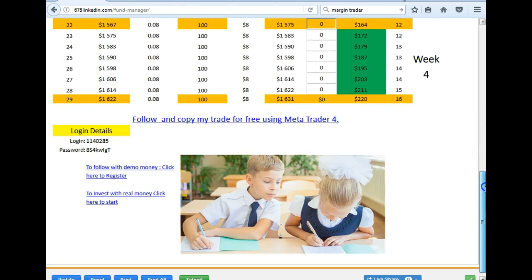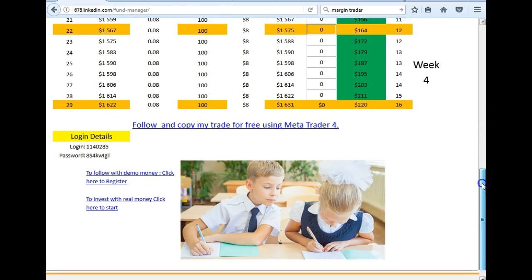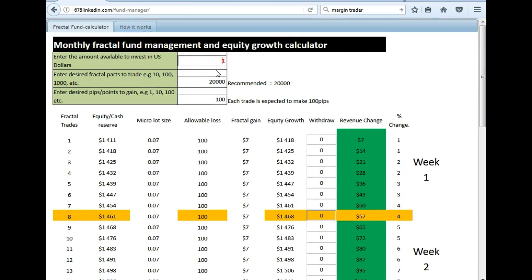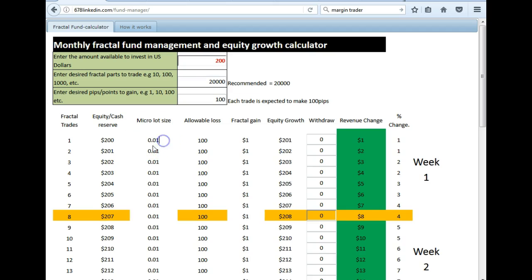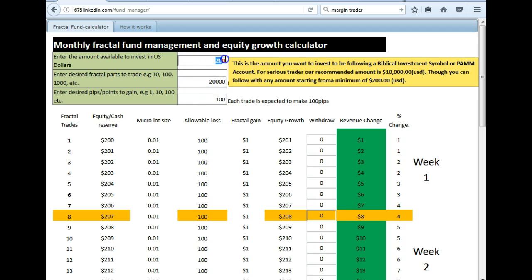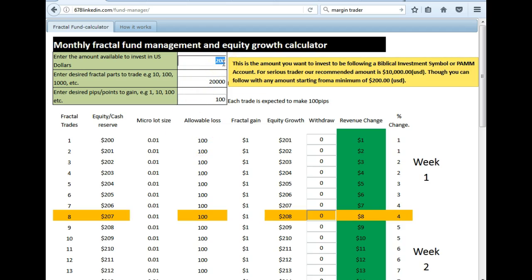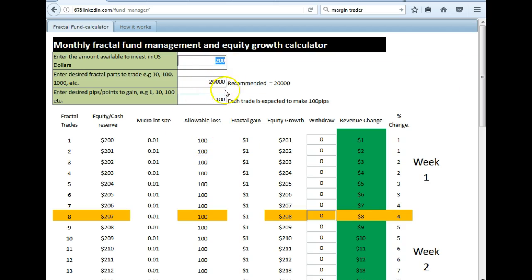If you are copying my trade with $200, for example, instead of 0.07 here, it will be 0.01. This is the least we accept for people to be copying my trade. So you will be making $1. While I am making $7, you will be making $1.